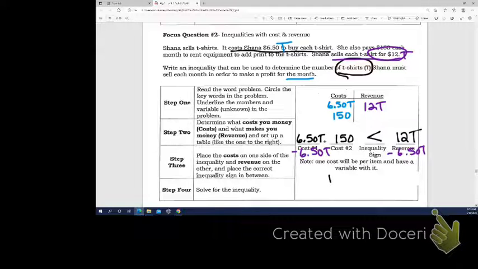So then I would have 150 is less than 5.50t. Or I could just write 5.5. And then divide by 5.5 or 5.50. Now, this probably doesn't come out neatly. Let's see, what do I got here?